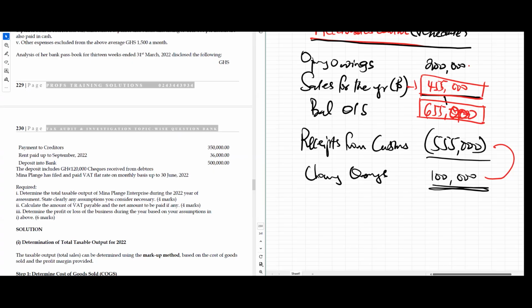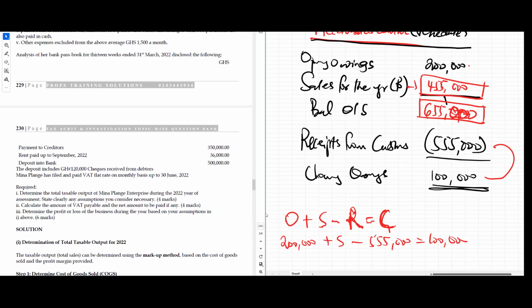Or if you don't want to go this way, you can say opening owings plus our sales, minus our receipts, should give us the closing. True or false? So we know this is 200,000, plus the sales, which is what we are finding, minus the receipts of 555,000, must give us a closing of 100,000.